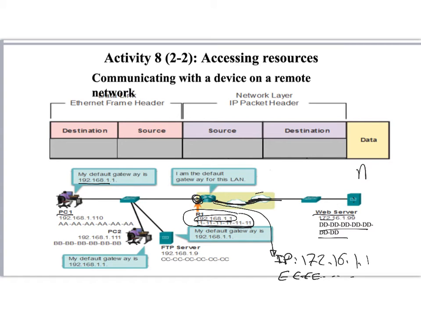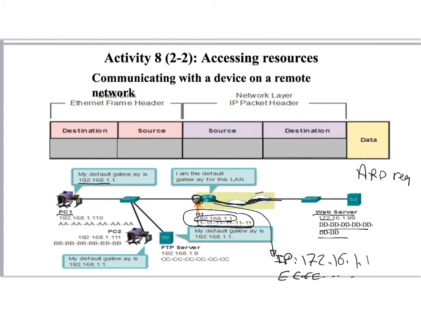So the ARP request, okay, initially, will have the IP address of the default gateway, which is 192.168.1.1. And the reply comes back from the default gateway. My physical address is all ones. Okay? So we answered the two questions. The first question, web server exists on a different LAN. The second question, we know now the physical address of the default gateway.